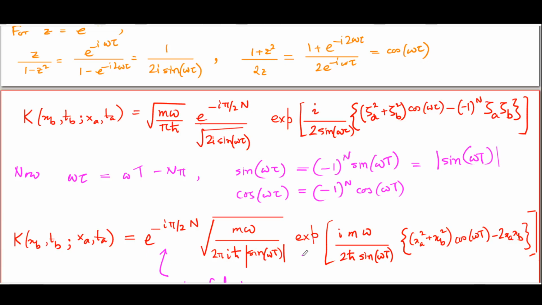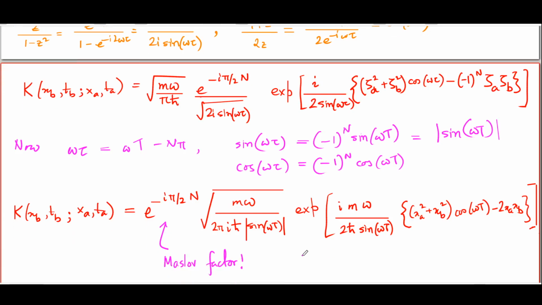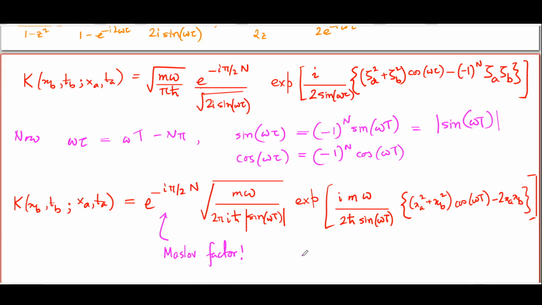And then we have an exponent where the minus 1 to the n simply cancels out between the numerator and the denominator. The cos omega t, sine omega t, and the final term all have minus 1 to the n's, and they cancel out. So you are back to exponential of i by h cross times S classical. And so we have in a sense come full circle.